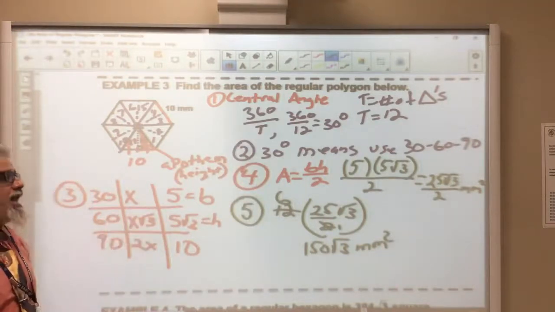So once I multiply that out, I get 150 times the square root of 3 millimeters squared.